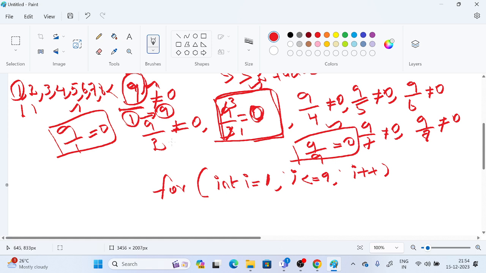Right? So inside, I need to do a check condition. If check: what will I check? If the given number is 9, 9 divided by I equal to 0, then count plus plus.